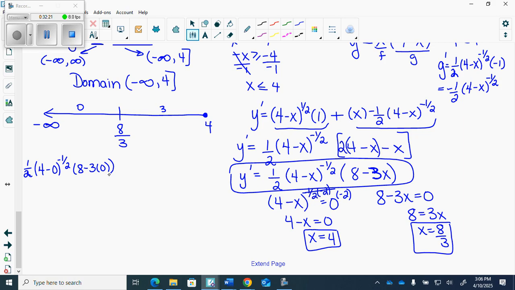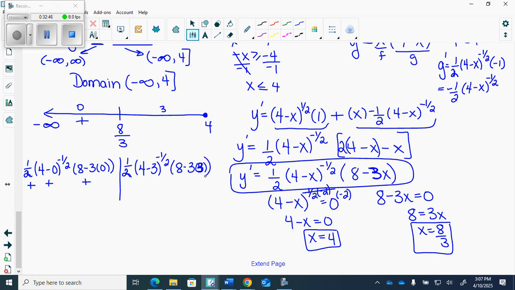Anyways, this is positive, this is going to be positive, and this is going to be positive, so we get positive. Then I use 3, so I go a half. 4 minus 3 to the negative a half. And then 8 minus 3 times 3.